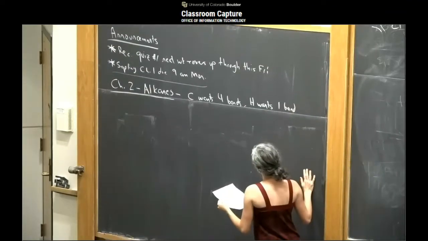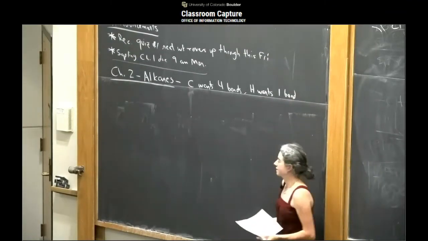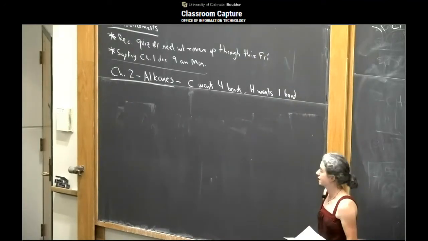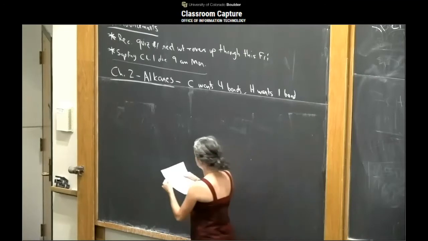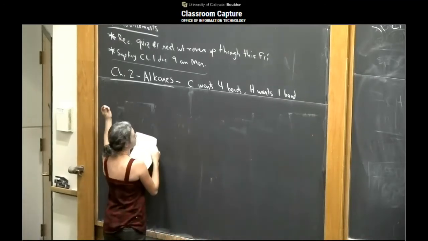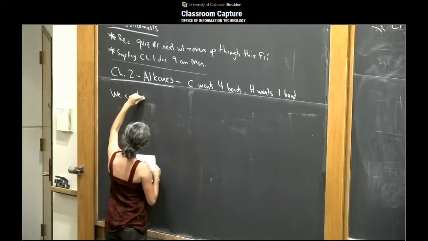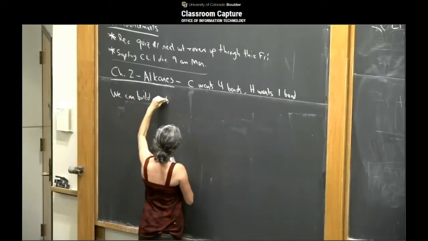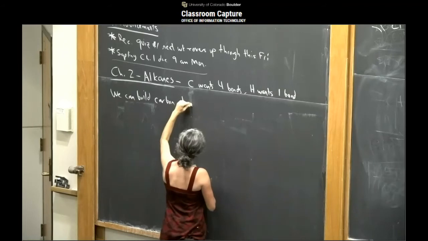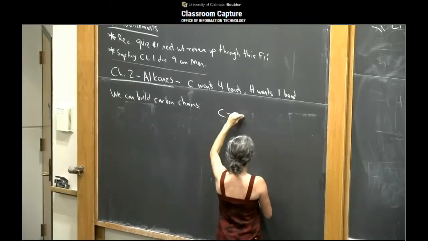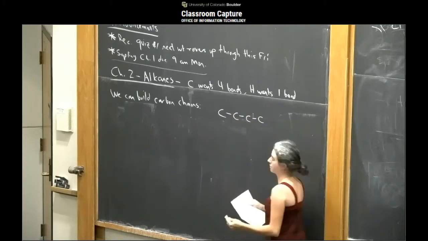So we can pretty much treat these as if they're like atoms in your molecular modeling kit and start clicking these together. So we can do long strings of carbon. So just carbon linked to carbon, linked to carbon, linked to carbon, and so forth.